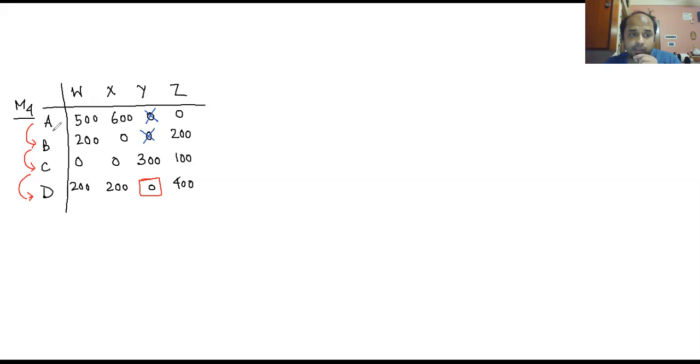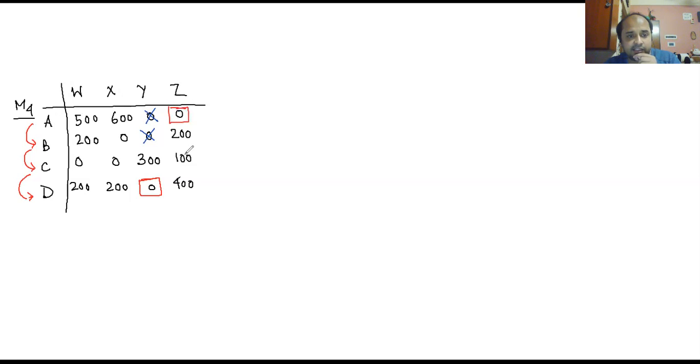But if I go row wise, row A contains a single zero. That means whether you go column wise or row wise, you ultimately reach the same milestone. I am a bit attached to rows, so let me check row wise. From the perspective of row operation, this row contains a single zero and I can assign it.